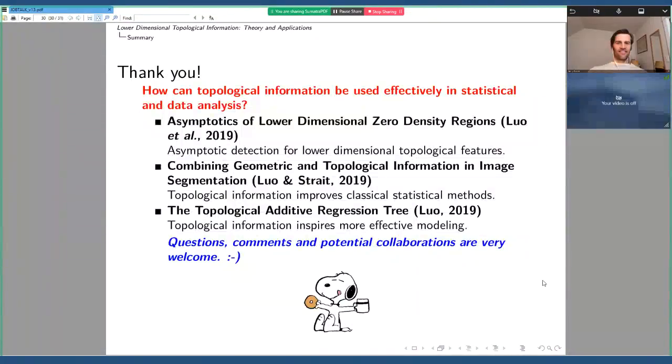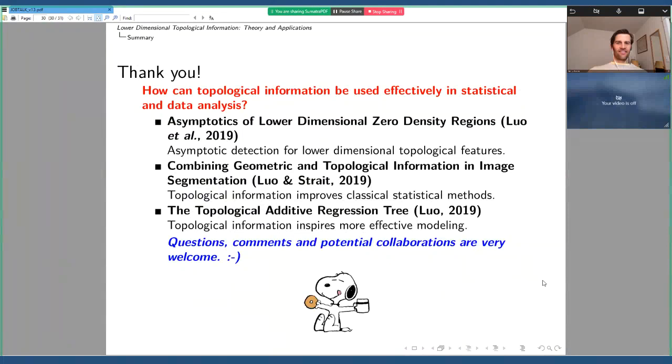To wrap up today's talk, I will ask myself the big question: how can topological information be used effectively in statistical and data analysis? Since TDA has three letters, and DA means data analysis, data analysis must be a very important component of the TDA community.